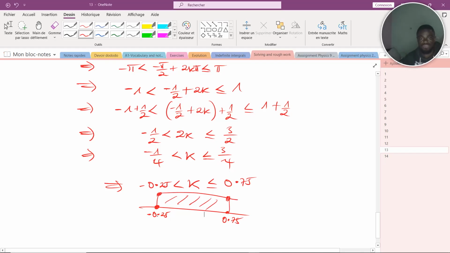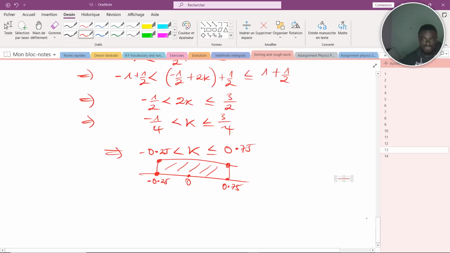This is minus 0.25. So here naturally I will have 0. You understand? Because after this I'll have minus 1.